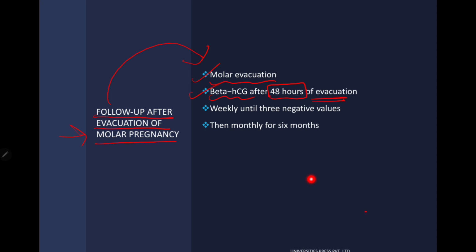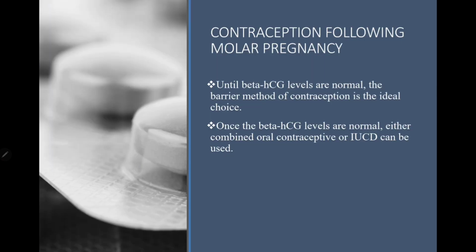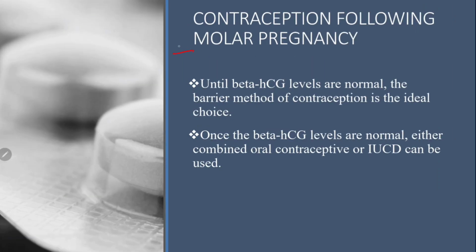Then weekly until 3 negative values, and then monthly for 6 months. So beta HCG after 48 hours of evacuation, weekly until 3 negative values, and then monthly for 6 months.